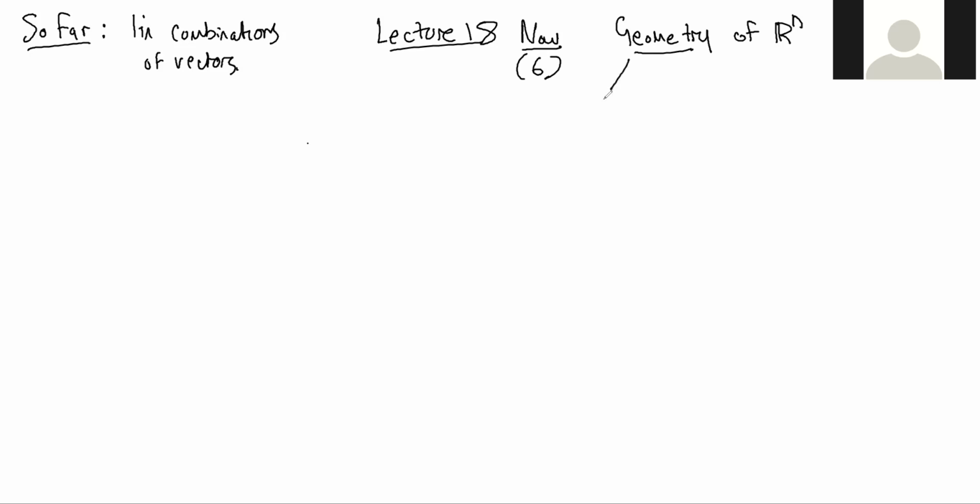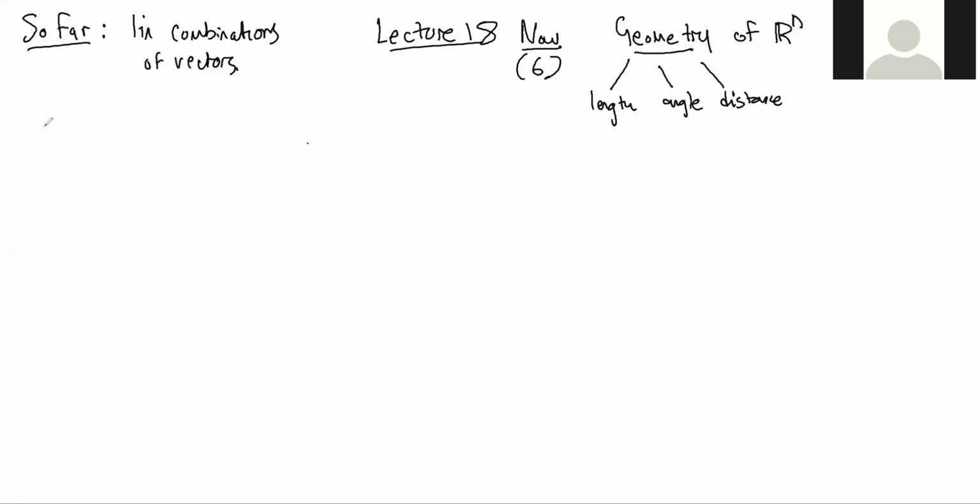Well, I mean concepts like length, angle, and distance. So concepts that you've maybe studied in Euclidean geometry in high school. And so far we don't have a way of saying what is the distance between two vectors, or what is the angle between two vectors. We only have a way of talking about linear combinations. So what we're going to do now is develop these geometric concepts.